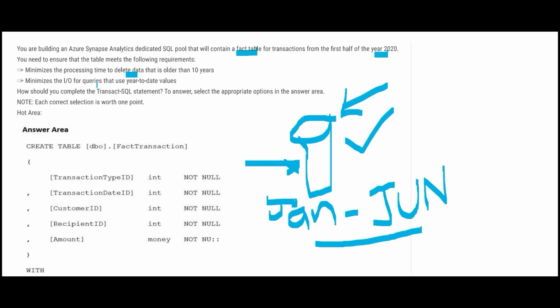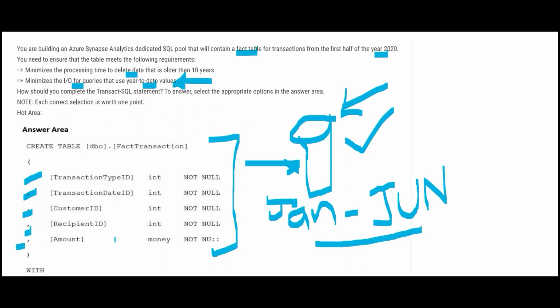Second, it says you have to minimize the IO queries for year to date values. Every day we are firing queries, and there are IO operations happening. So for year to date values, we need something like a partition on year or date. This is the table structure: transaction type, transaction date, customer ID, recipient ID, amount.